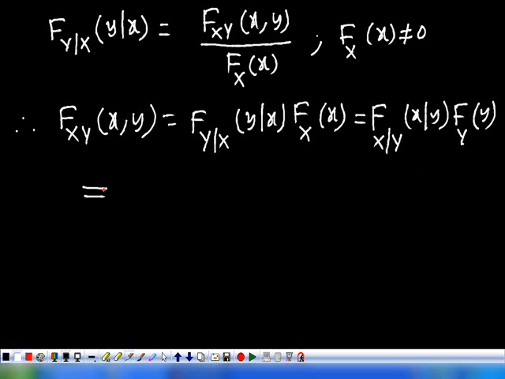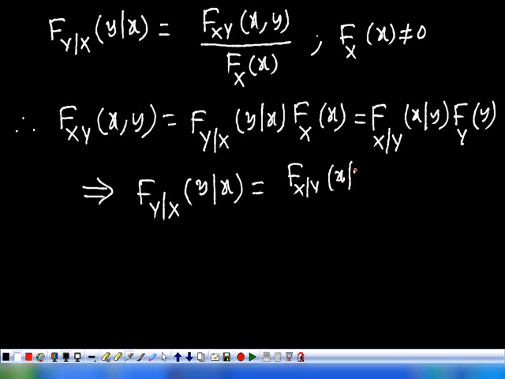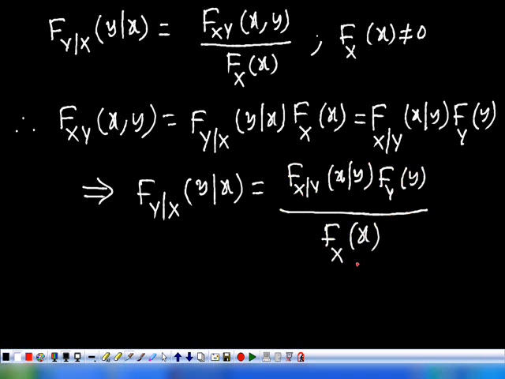So from this, we can write F_{Y|X}(y|x) is equivalent to F_{X|Y}(x|y) into F_Y(y) divided by F_X(x). What is this? This is the well-known Bayes theorem.